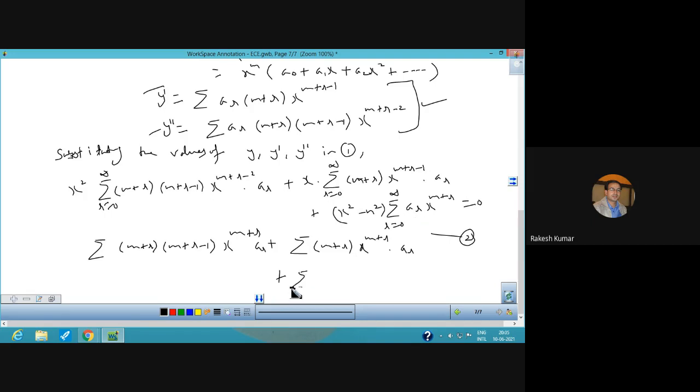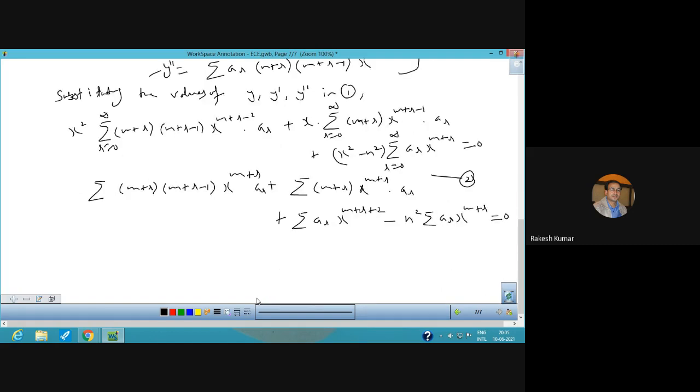You will have summation a r x raised to power m plus r plus 2, and minus n square is a constant, it can be written. So summation a r x raised to power m plus r is equal to 0. Now we simply adjust the x terms. Now our next step is you just need to find out the lowest power of x.